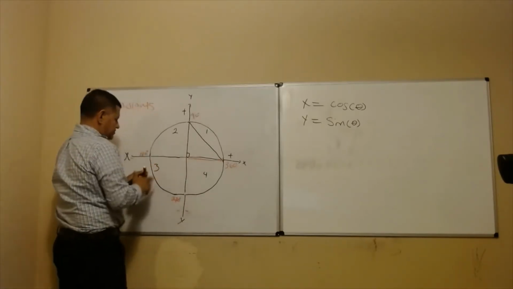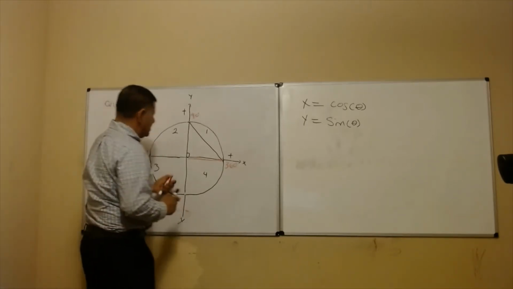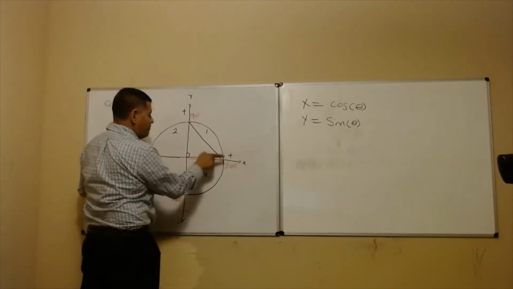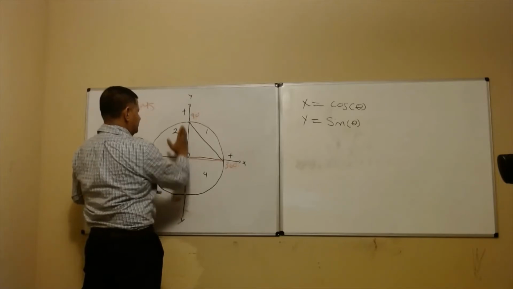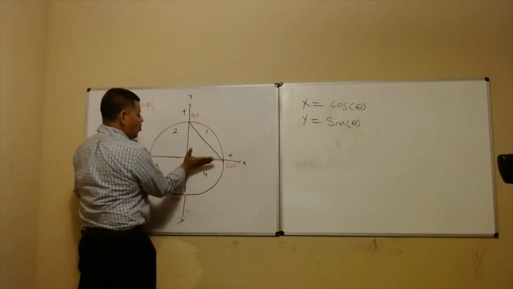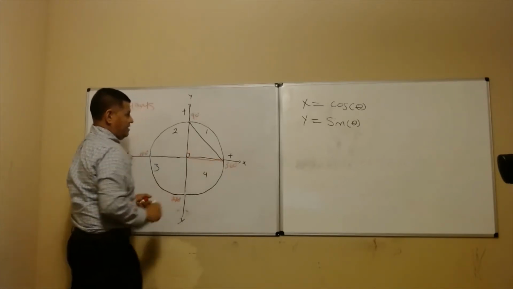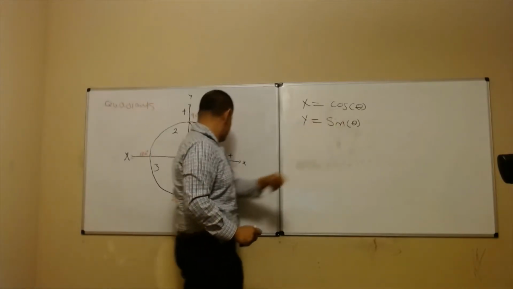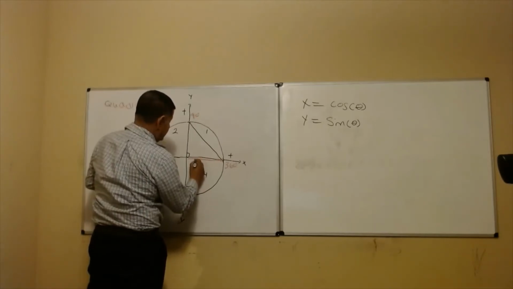Now here you can actually see that the x is in that direction, which is positive, right? And the y is also positive, right? So if x represents cosine, that means that this is cosine of theta.